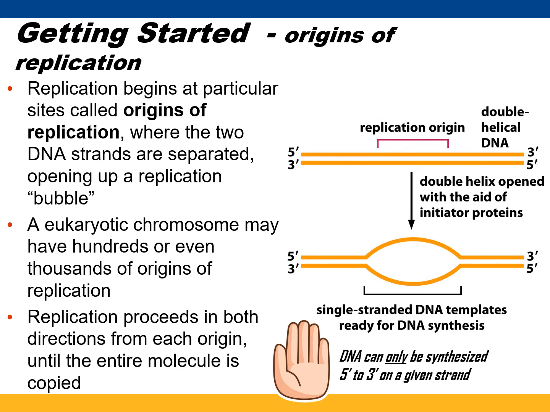It's anti-parallel. So when we're synthesizing the DNA, like say, let's look over here. We would synthesize 3' to 5' in this direction, but we can't synthesize 3' to 5' in this direction because we would be reading the wrong way. Okay, so we're reading 3' to 5', but if we were going this way, we'd be reading 5' to 3', and that's a problem. So we're going to show you how we overcome that.